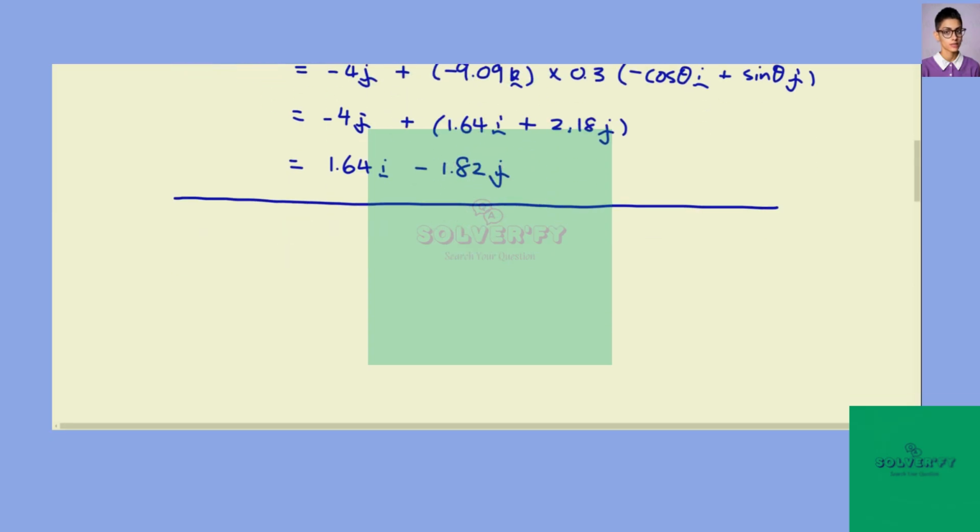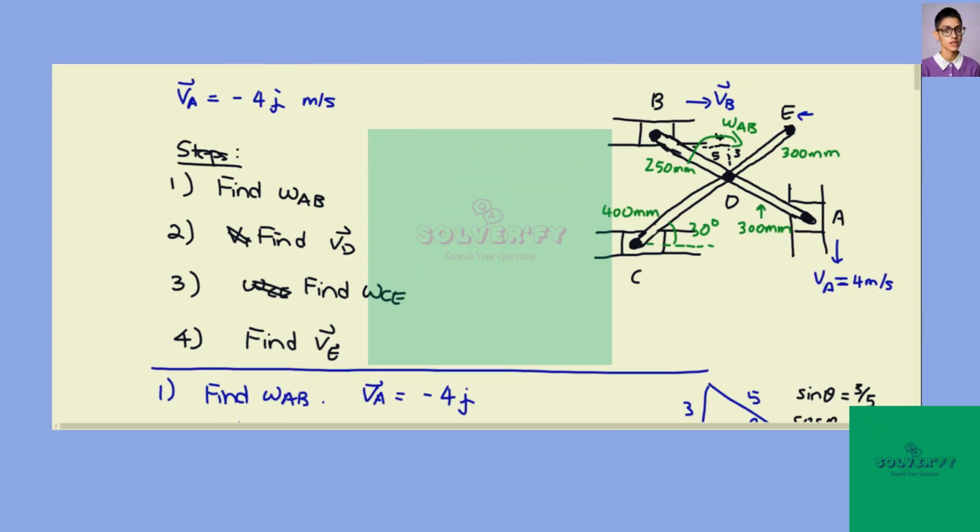Then next we are going to find omega CE. To find omega CE, we need to use point C, because point C is confined to move horizontally, so we know that one of the components is 0, and we can find omega CE easily.